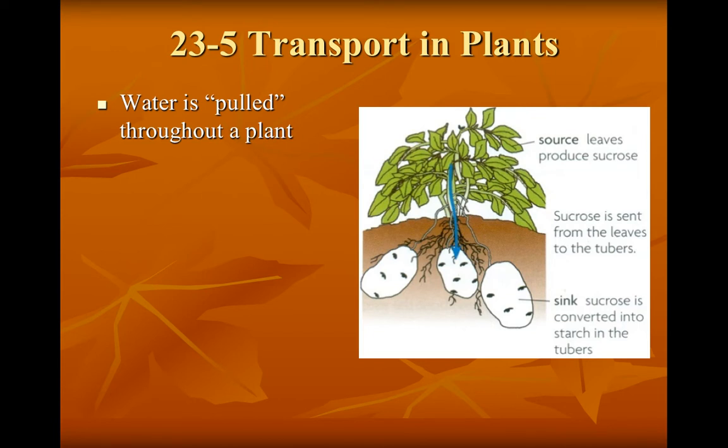Generally speaking, water is going to move through the plant almost as though it's being pulled through, just like you would suck up water through a straw. Same idea. The plant is designed to make use of some very interesting properties that water has that allow it to be pulled through to the areas that need that water.